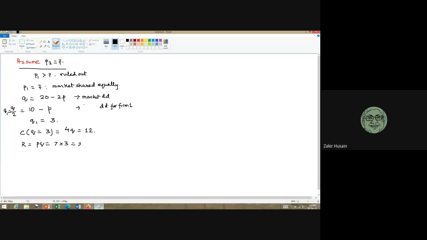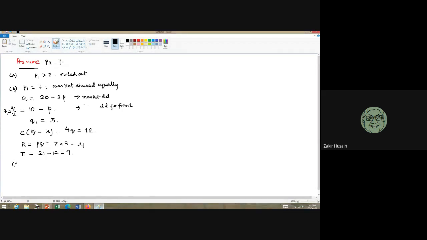It is 21. So profit will be 21 minus 12 is equal to 9. Okay, so if you set a price of 7, the profit will be 9. So this is the first case, this is the second case.